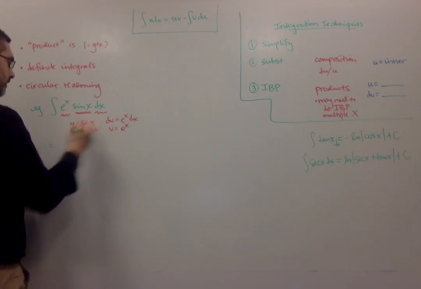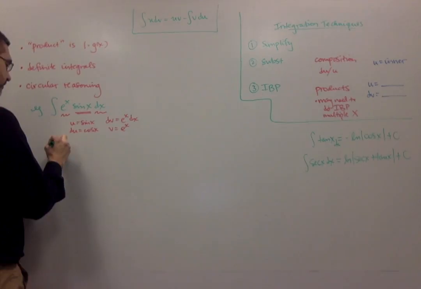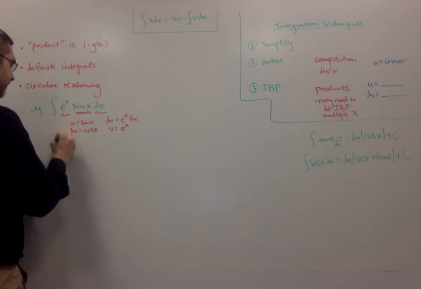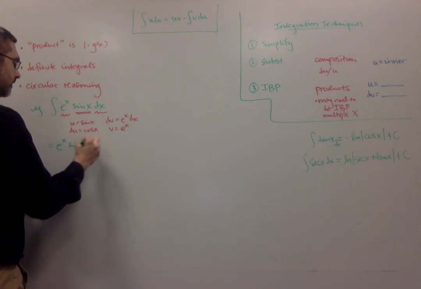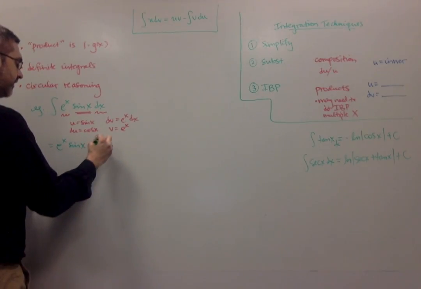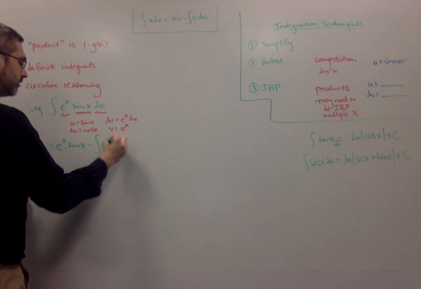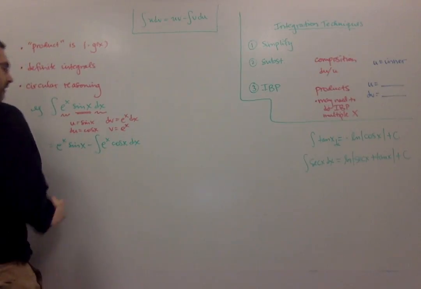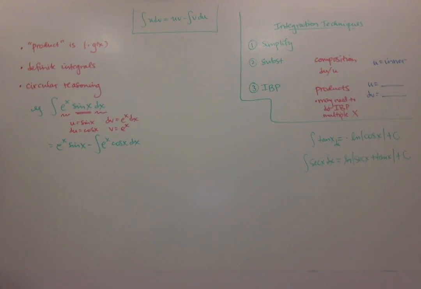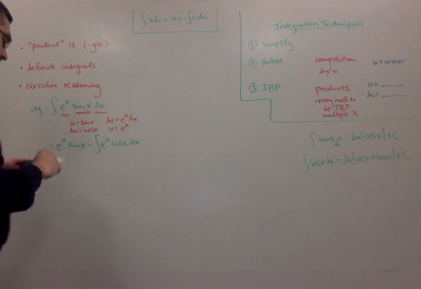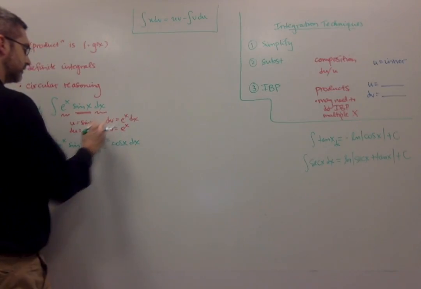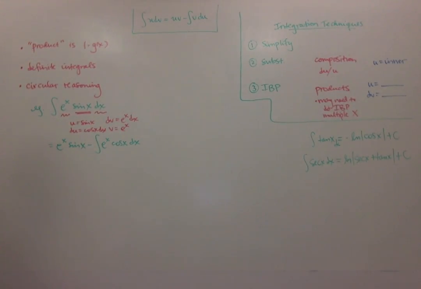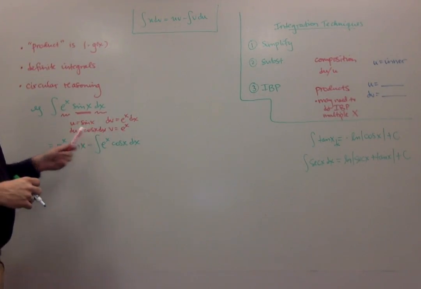So the answer should be u times v, so e to the x sine x, minus the integral of v du. Everybody follow? So e to the x sine x, u times v, minus, oh, and I didn't write dx here, the integral of e to the x cosine x dx.